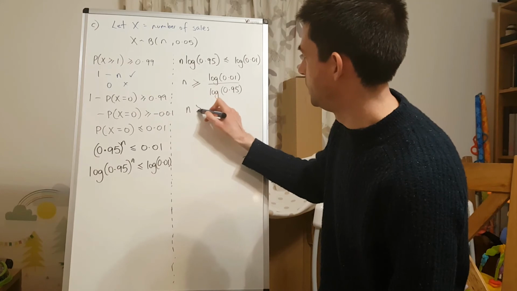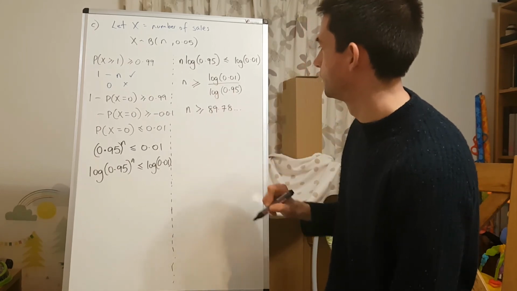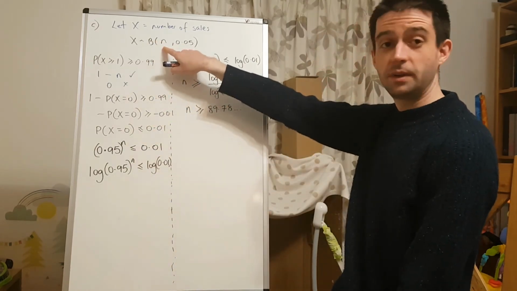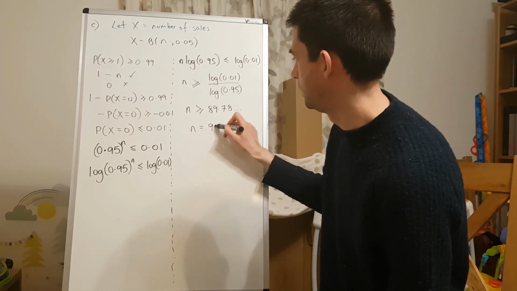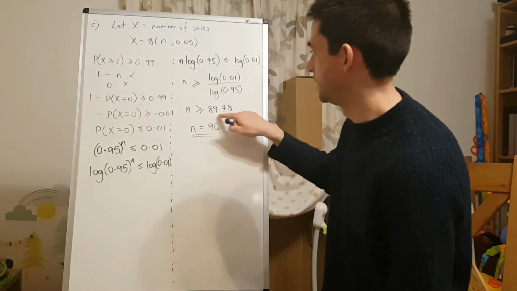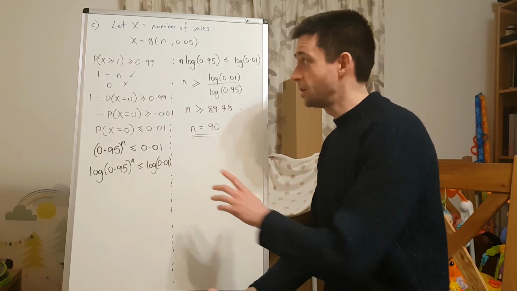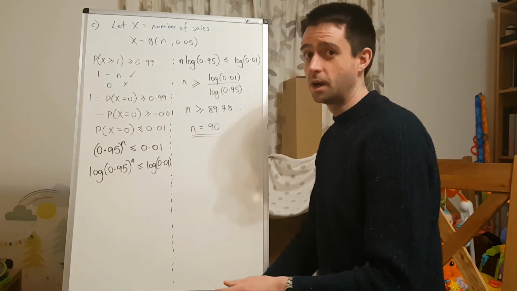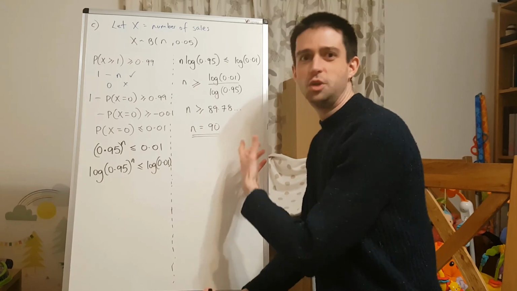So n has to be greater than or equal to 89.78. n has to be an integer because it represents the number of customers that you're going to see. So n is the next number greater than 89.78. So this car salesman, to be 99% certain of selling at least one car, has to see 90 customers in a day. Which is just bonkers, isn't it?